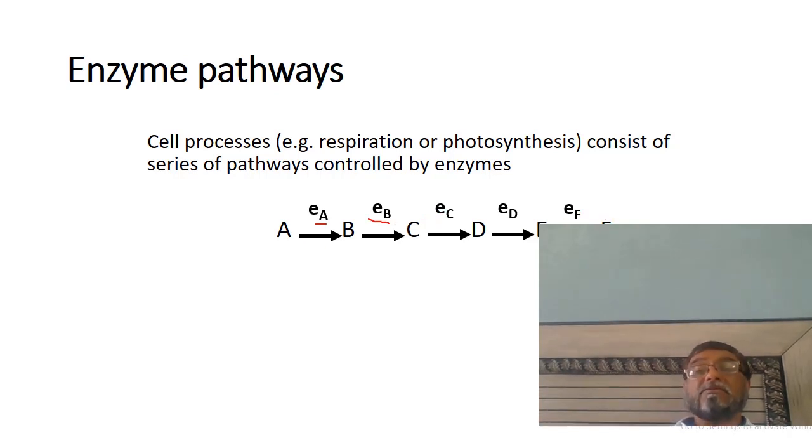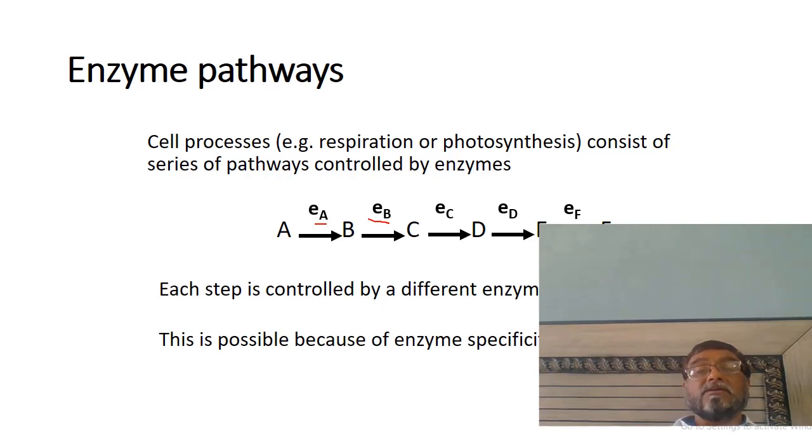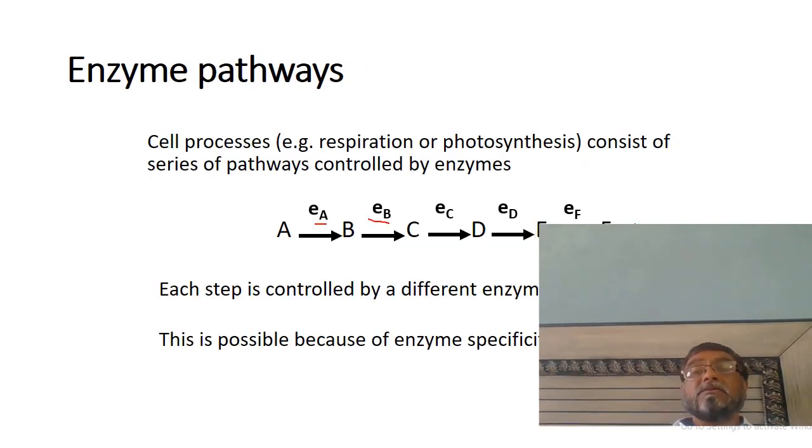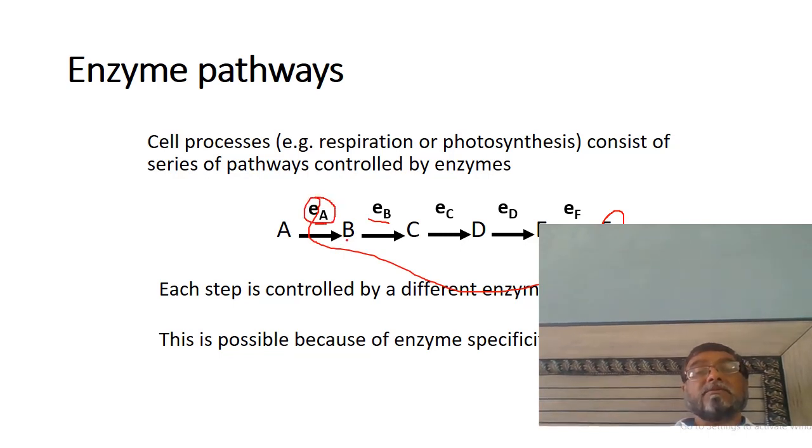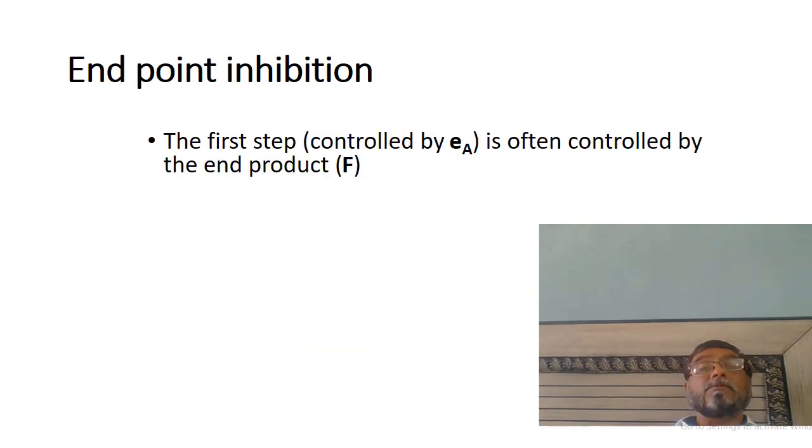For example, the product F is inhibiting the first enzyme. So it means later on the production of B is affected, production of C is affected, production of D is affected. So it's a feedback inhibition process.